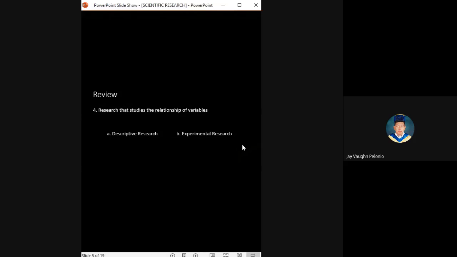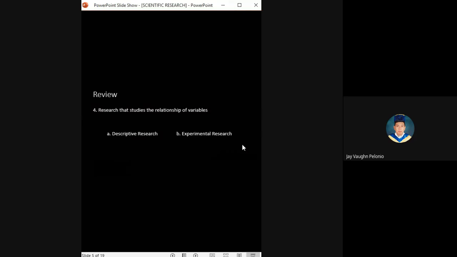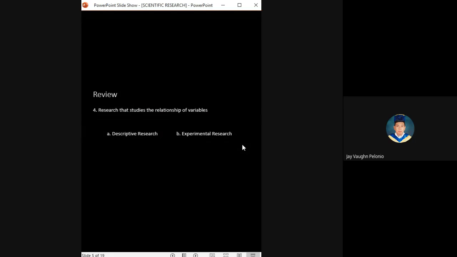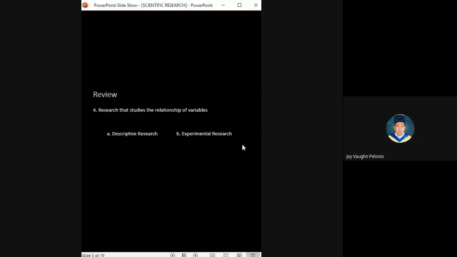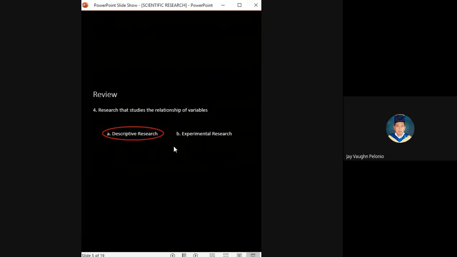So does it mean to say if a student belongs to a family with good income, he will also have a good grade in school? The relationship of variables. The correct answer is descriptive research.